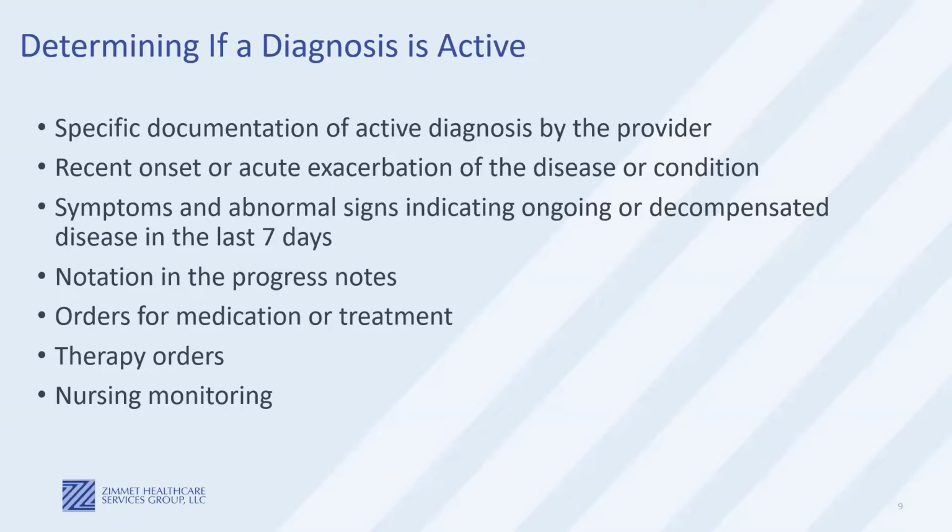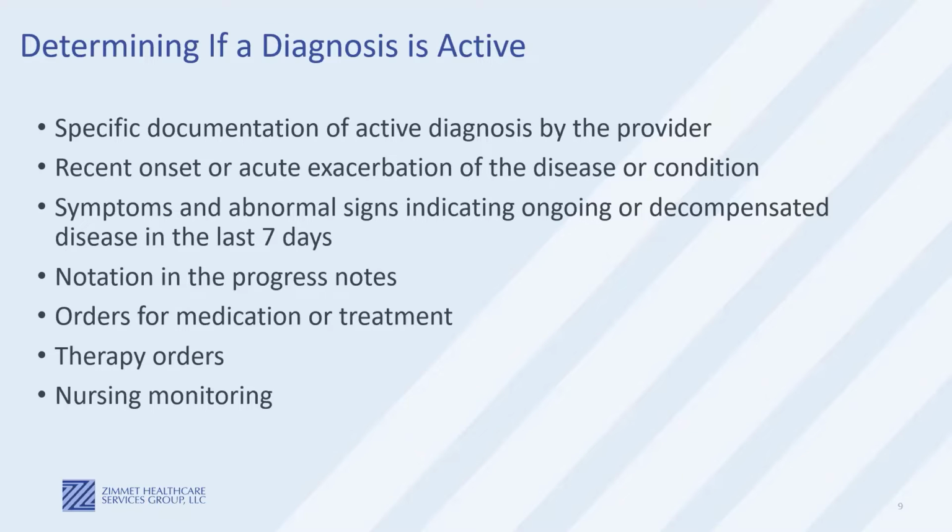It could also be symptoms and abnormal signs indicating something's going on in the last 7 days. It could be a notation in the progress notes. It could also be orders for medications or treatments. So we might have an order for a medication for a diagnosis, an order for a medication to prevent exacerbation of a diagnosis.